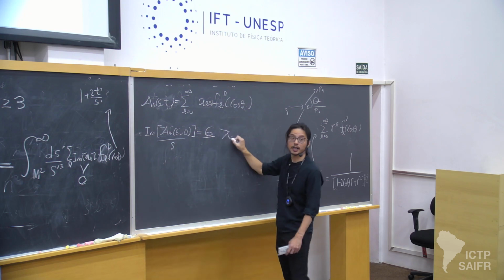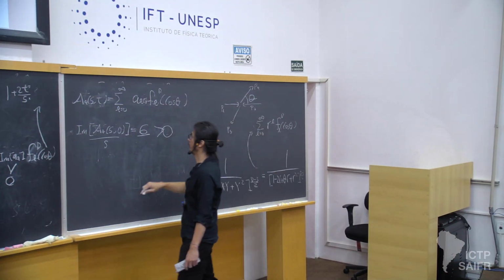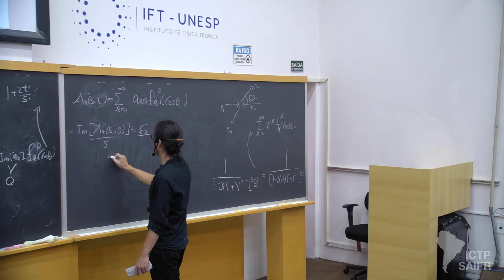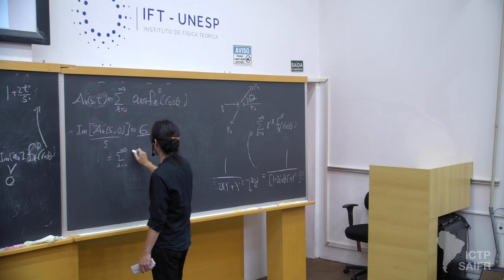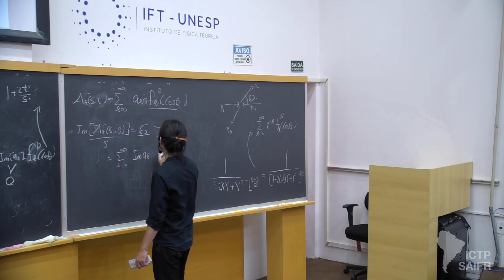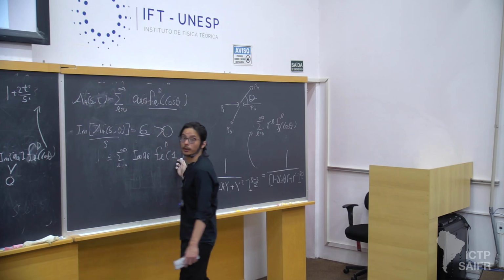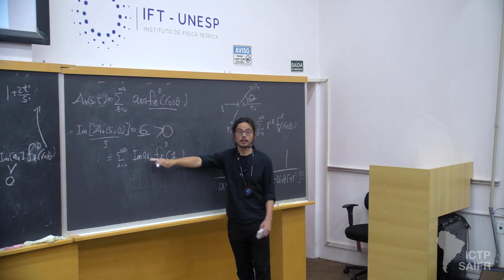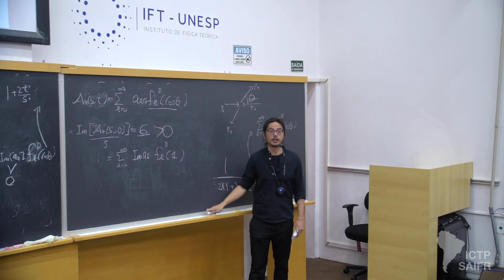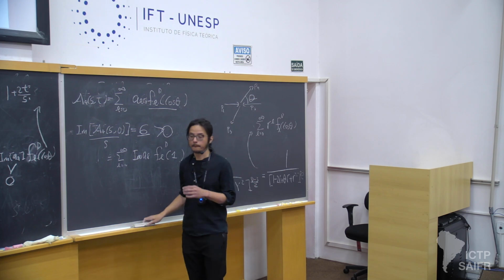The cross-section is positive. So if I take the imaginary part on this side, it becomes a sum from L equals 0 to infinity of the imaginary part of a_L, times f_L evaluated at 1. And this is just a positive coefficient. So in order for this to always be positive, this imaginary part has to be positive. So that's the usual argument. Okay. Thank you.